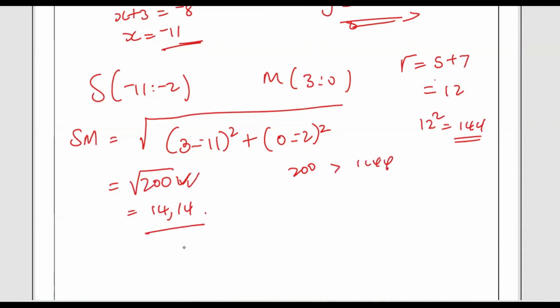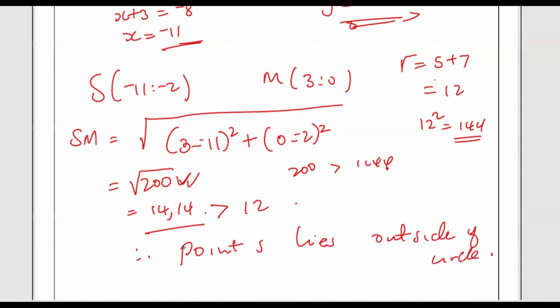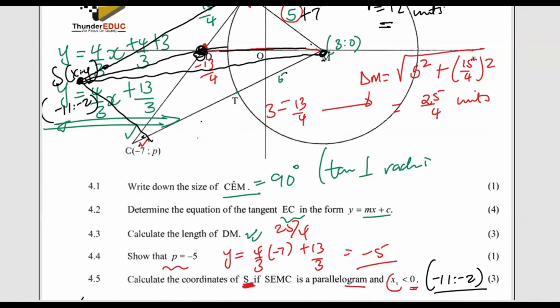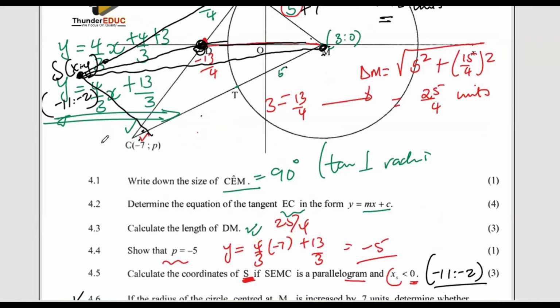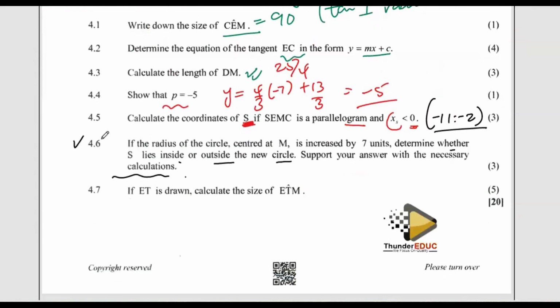Alternatively, you can say the square root of 200 is still greater than the 12. Therefore, the point S lies outside of the circle. So whichever format you want, you can compare using the 200 and the 144, or using the actual values. Okay, so that is how we would have gone about question number 4.6.